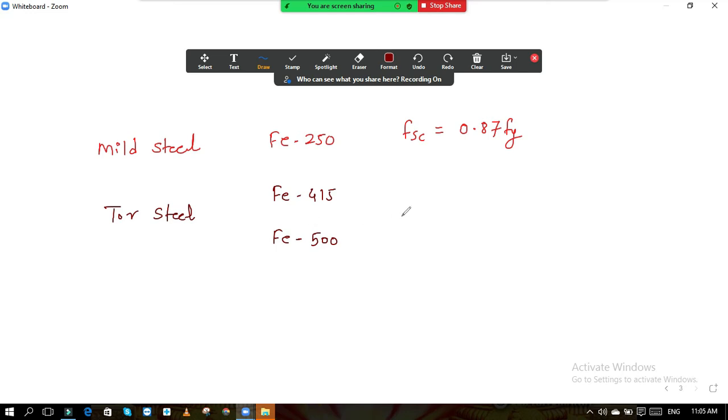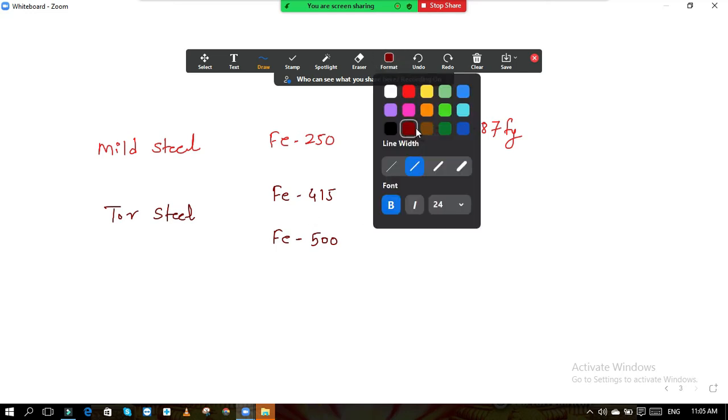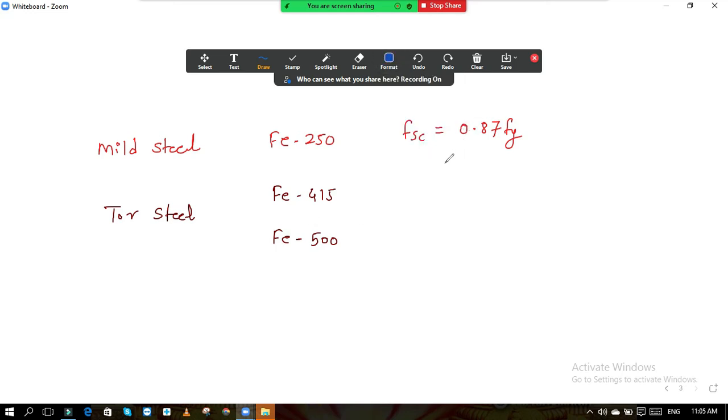Okay, so now I will write over here what we actually need to do for this. This table is also important, write it down. For this, we have to calculate strain first. Okay, we have to calculate the strain first.